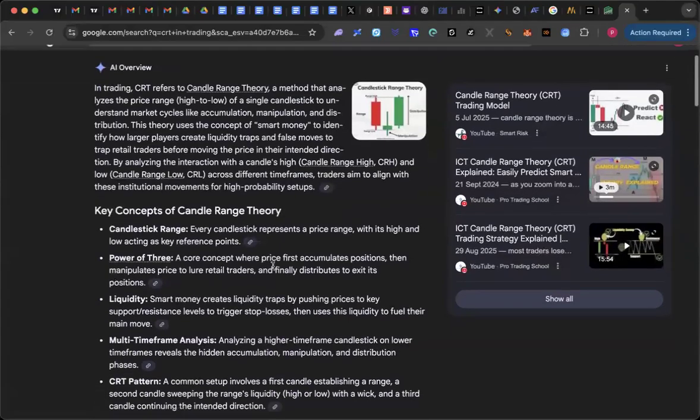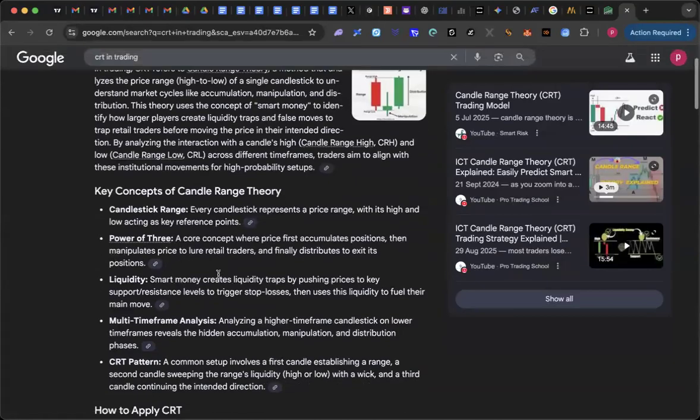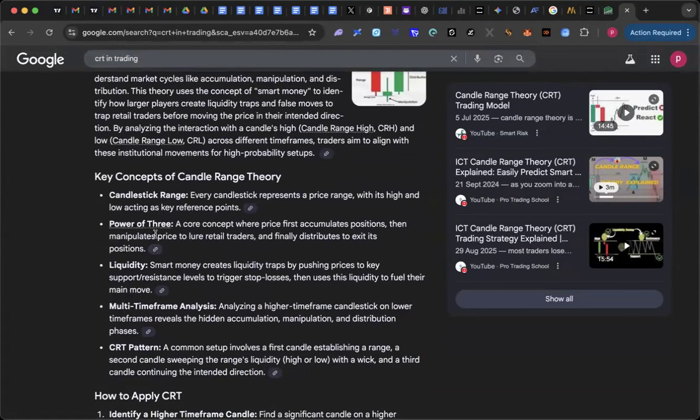Do you understand? All right, so the concept of candle range theory, candlestick range, power of three. You can see this candle range is almost absorbing the power of three, but there are slight differences, though they are still similar.